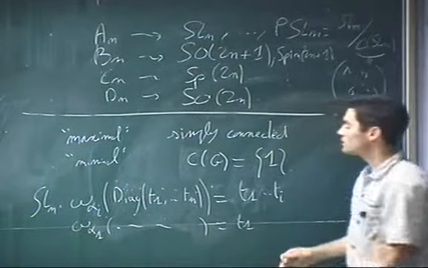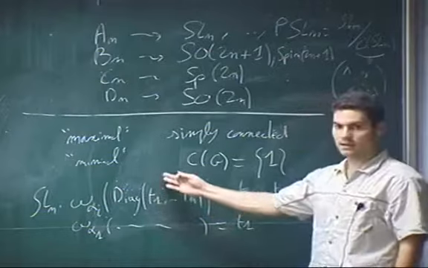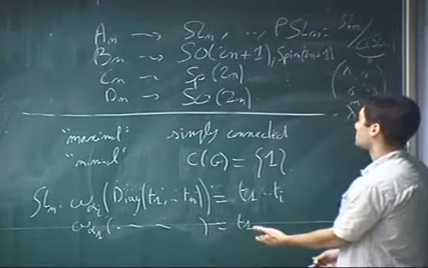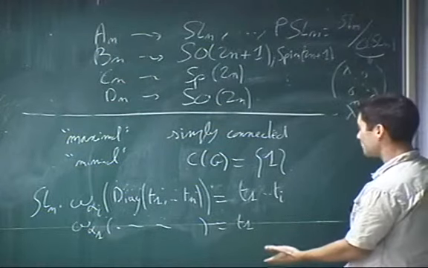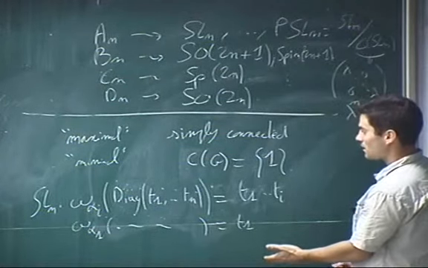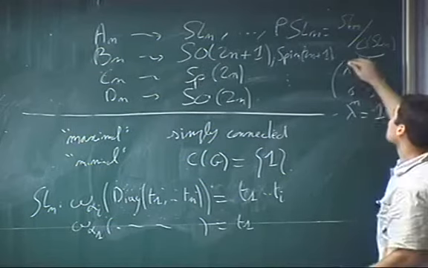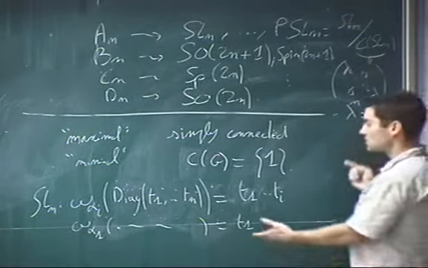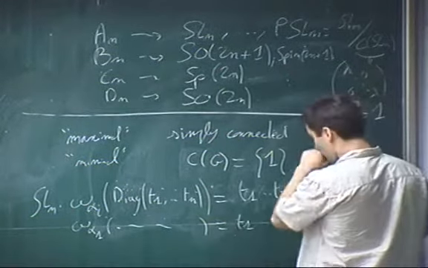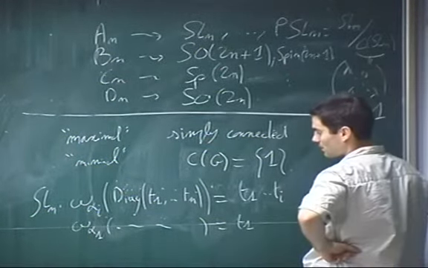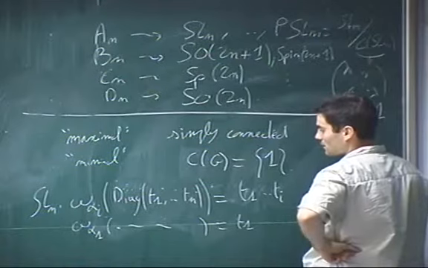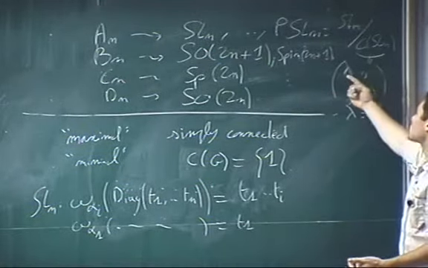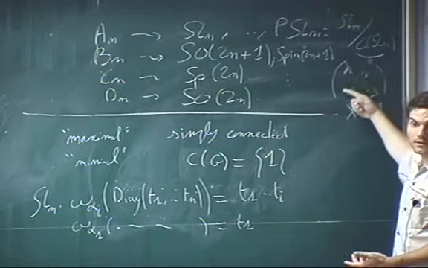But now, if we want to do the same with PSL_n, we will see that this character is not defined, because we have quotiented by the center, and it's not trivial on the center.